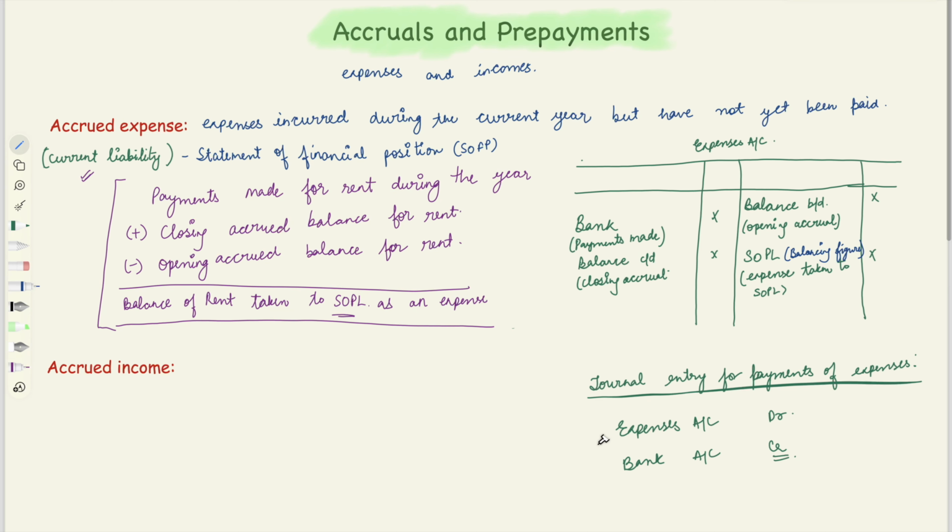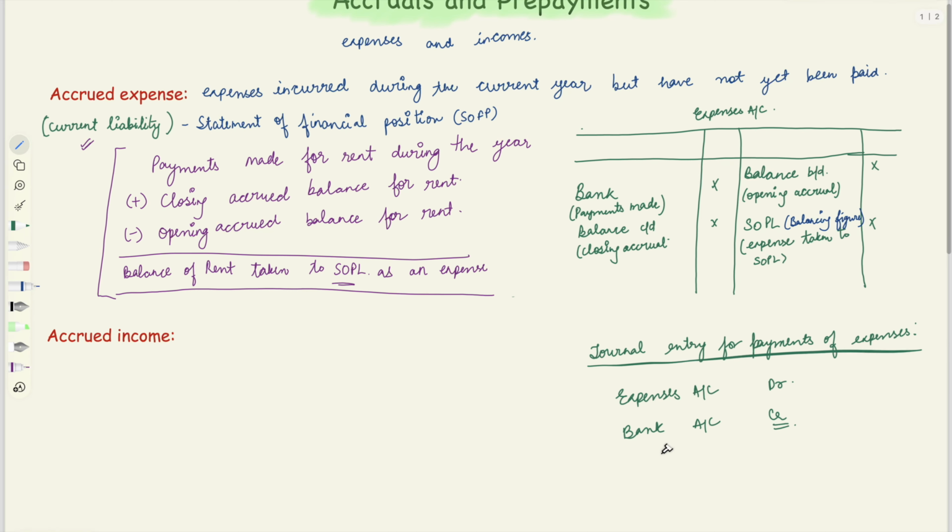One more thing, that journal entry for transferring expenses to statement of profit or loss at the year end.